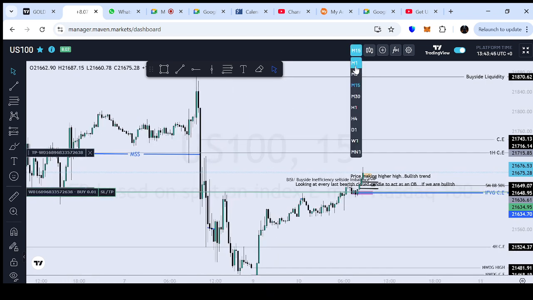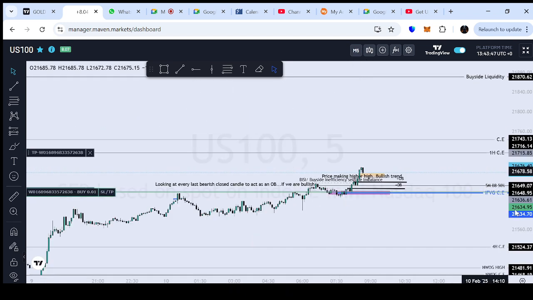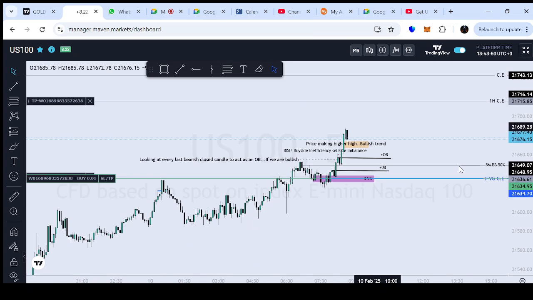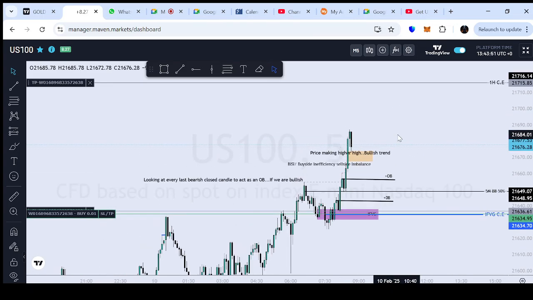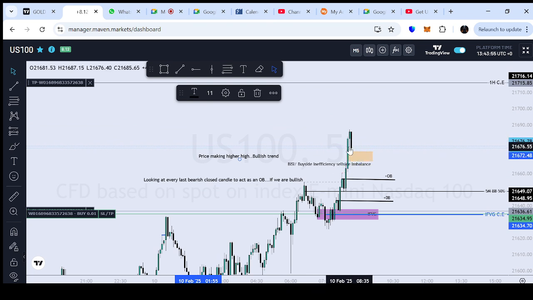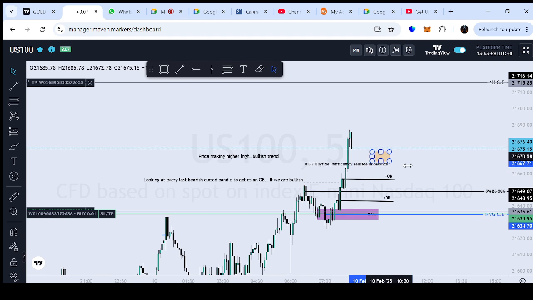So let's go to a lower time frame, 5 minutes. It's the 5 minutes chart. We have an inefficiency too on 5 minutes. You can see the inefficiency between this candle, the low of it, and the high of this candle.